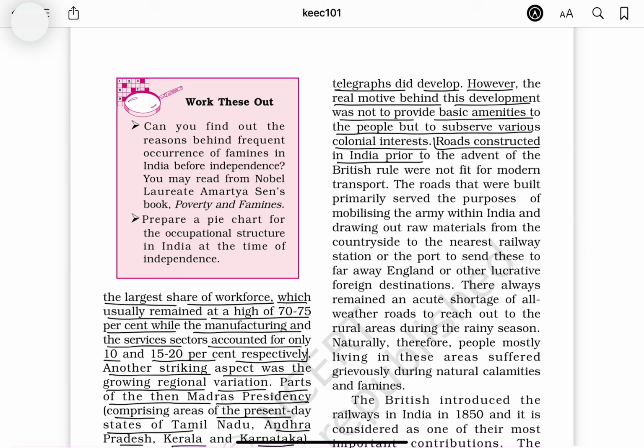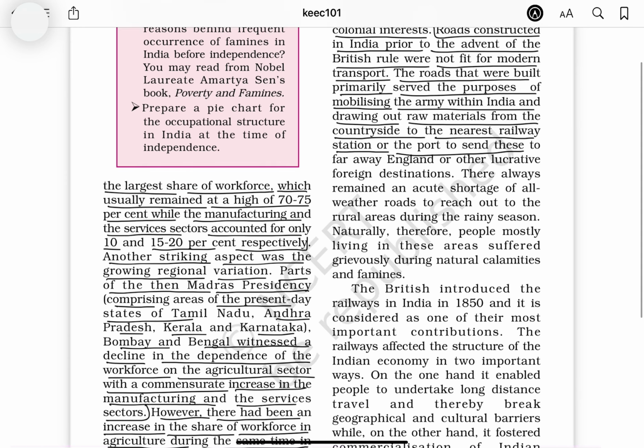constructed in India prior to the advent of the British rule were not fit for modern transport. The roads that were built primarily served the purpose of mobilizing the army within India and drawing out raw materials from the countryside to the nearest railway station or the port to send these to far away England or other lucrative foreign destinations.